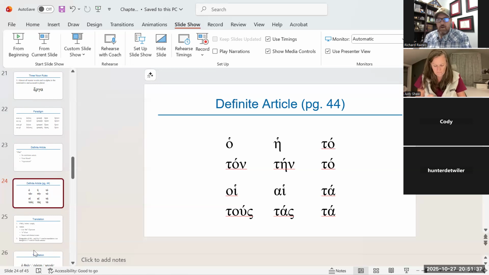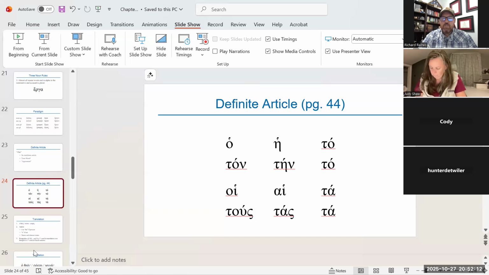The definite article paradigm chart is also right below the alphabet on your laminated card. Right below the alphabet. So you're going to have to memorize these definite articles according to their case. And you're going to use this laminated sheet to help you do that.